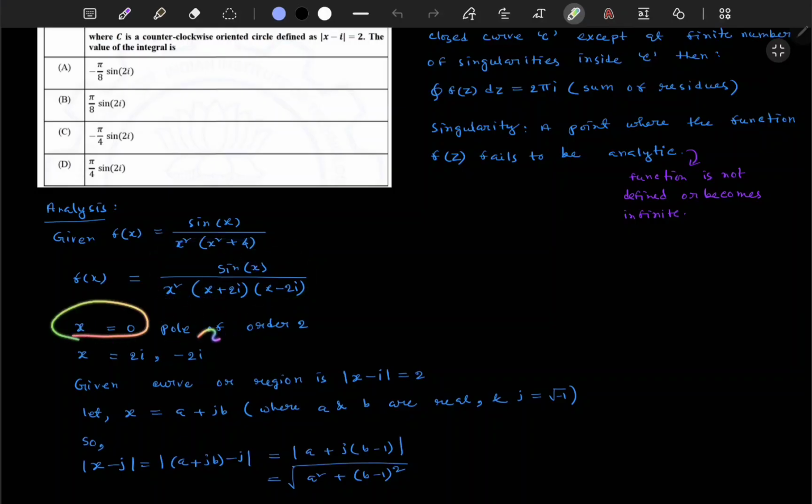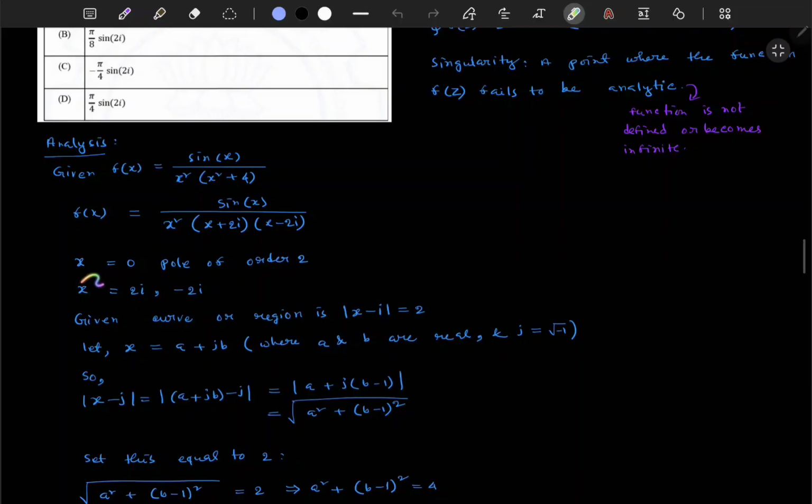So x equal to 0 is a singular point, and it is of order 2. Another poles are x equal to 2i and minus 2i; if you equate these with 0 you will get this.